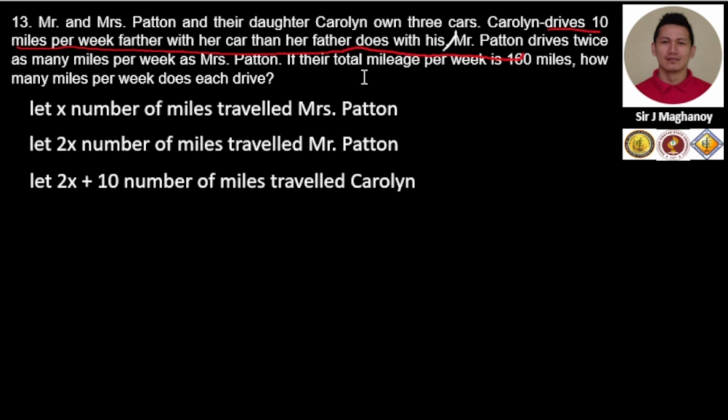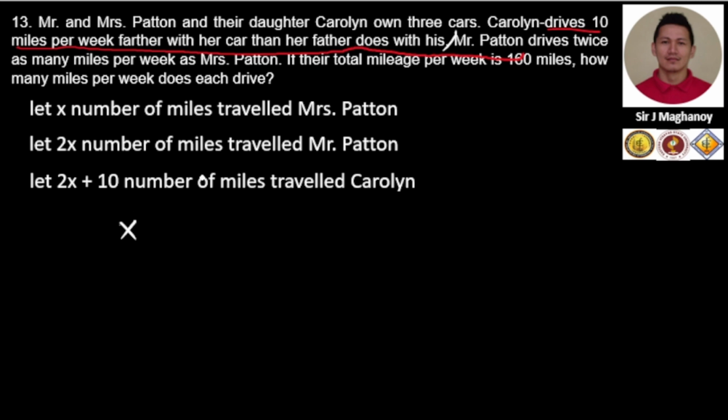If their total mileage per week is 160, we simplify the statement: the total mileage per week of the three is 160. So the summation of the distances traveled. In our equation, we sum all the travel distances.